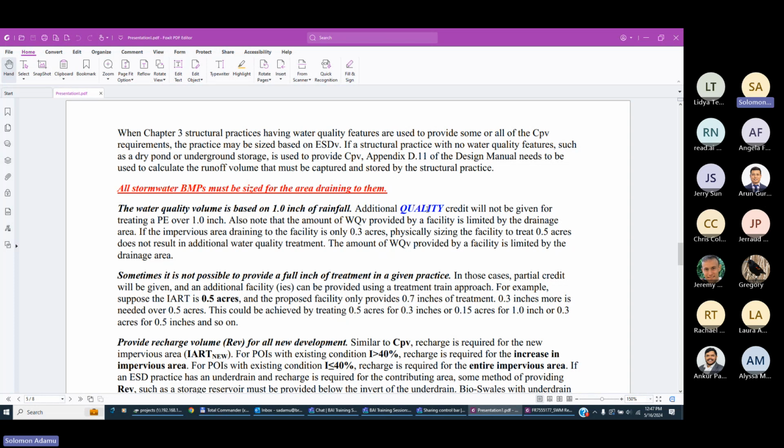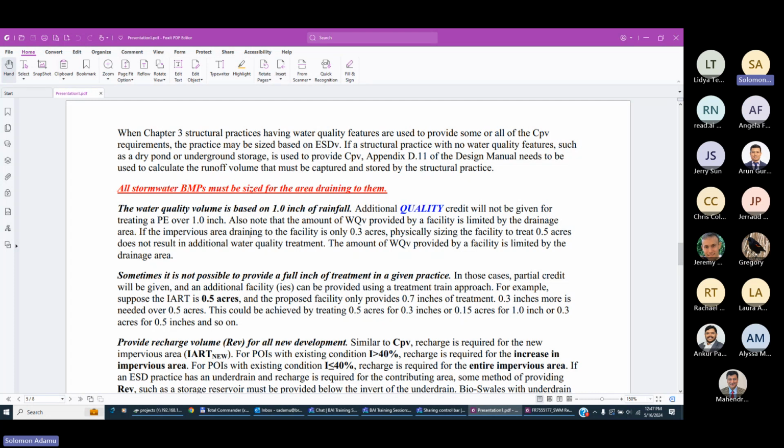That means, let's say we have a requirement requiring treatment of 1 acre, and if we are treating 2 acres, then we're going to get 1 acre of credit. But it has to be based on 1 inch. So instead of treating 1 acre with a PE of 1 inch, if we are treating 2 acres with 1 inch, then the excess 1 acre will be credited to our water quality bank.